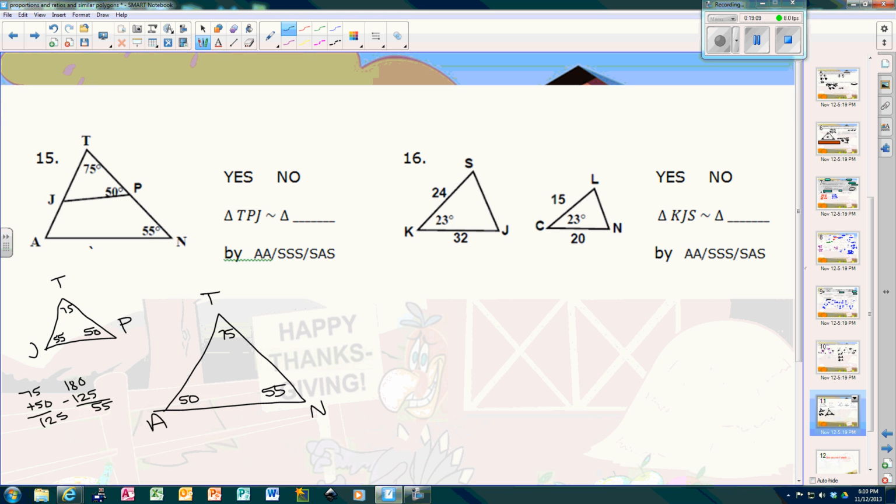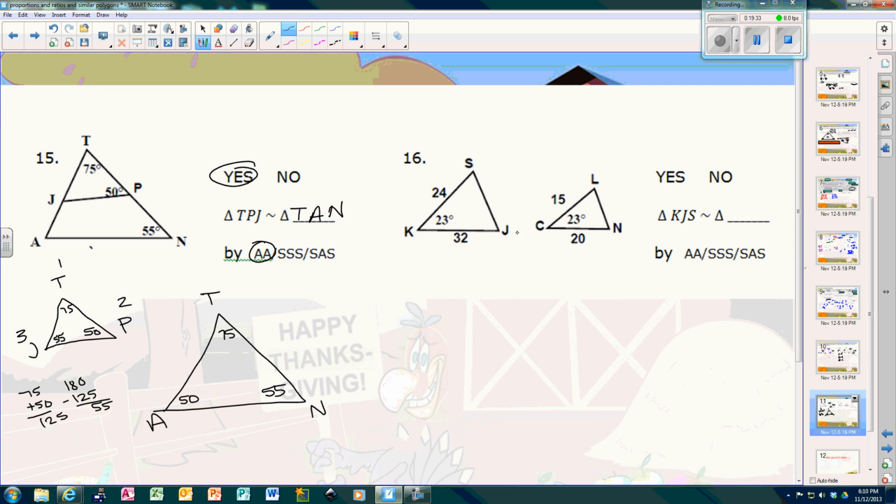So that means, yes, these two are congruent by angle, angle. So T, P, J. So T is still 75. The P is 50. The A is 50. And the J is 55. So the N is 55. So you still have to be careful when you order.